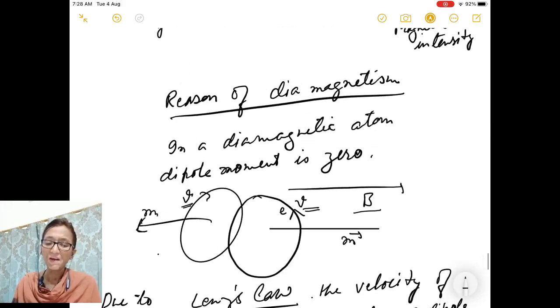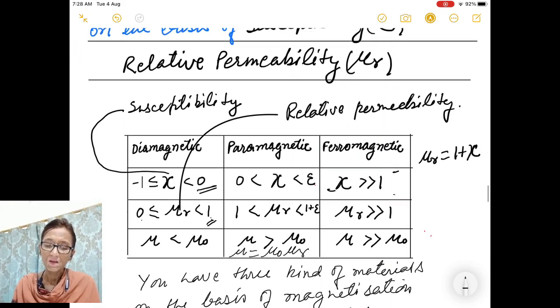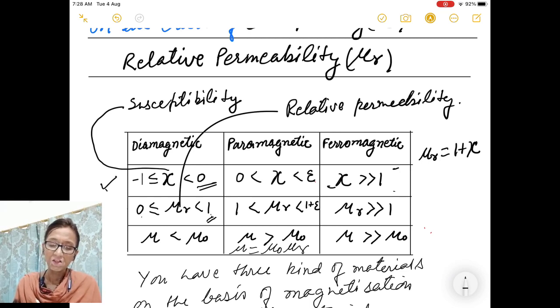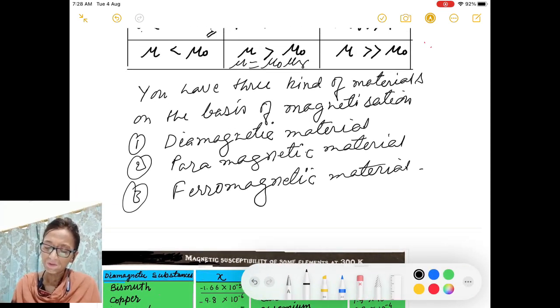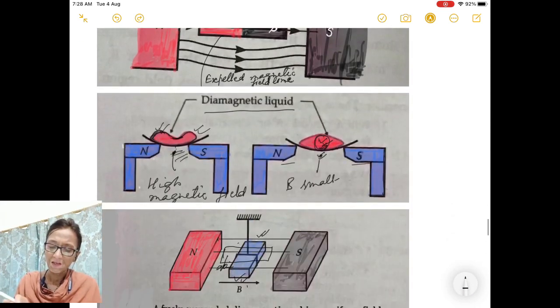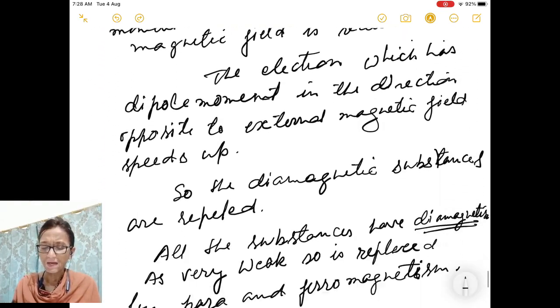And what is perfect diamagnetism? You may see in this chart that a diamagnetic substance has minimum susceptibility, -1. So if susceptibility becomes -1, then that substance is called a perfect diamagnetic substance.